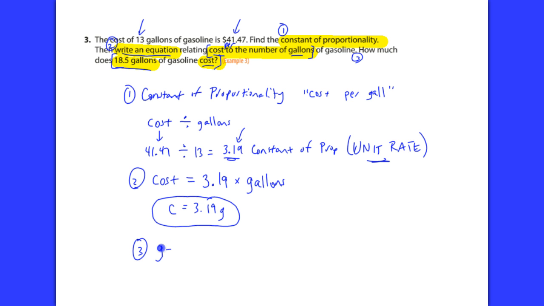In other words, if G is equal to 18.5, the cost, C, using this equation here, would equal $3.19 times 18.5, because I just replaced G with 18.5. And again, we just punch that in our calculator, and the total cost for 18.5 gallons is equal to $59.02. And there you have it.